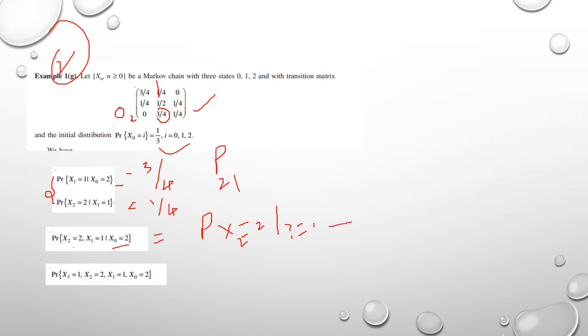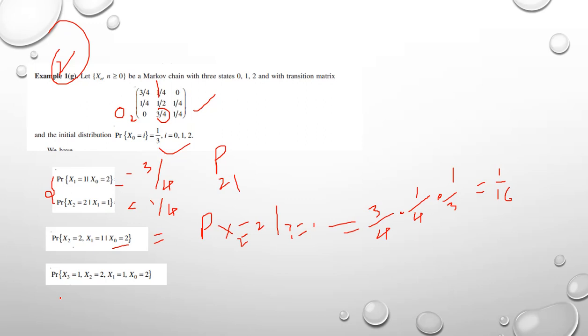Finally we get 3 by 4 and 1 by 4. Initial probability is 1 by 3. When you calculate this, you get the final answer, 1 by 16. Okay, now we find the next value.